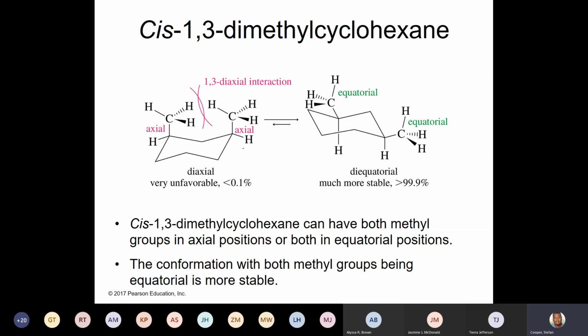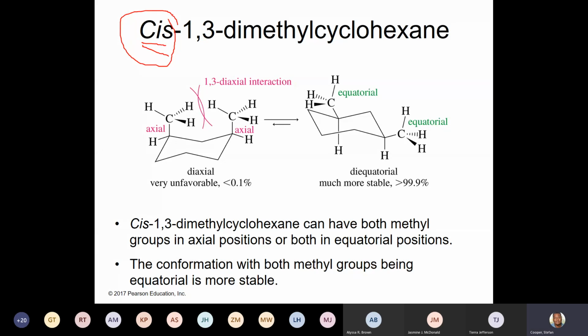So 1,3-diaxial interactions don't always have to be interactions between a substituent and a hydrogen. In this case, for this molecule, it comes from two methyl groups that are interacting unfavorably with each other, and we see that this prefers to be in this conformer. So what becomes very important when we start to discuss these is that we need to know how to draw a cis-1,3-dimethylcyclohexane. And what does cis mean again? Did we talk about this? Yeah. What does cis mean?